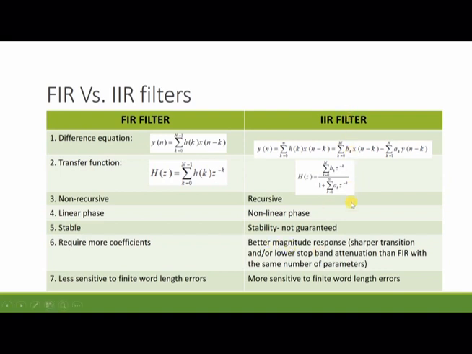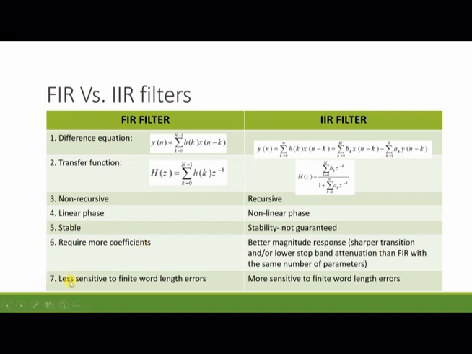In case of IIR filter, some of the advantages are it has a better magnitude response and a sharper transition band as compared to FIR filters. An FIR filter will fulfill this requirement of better magnitude response and a sharper transition width with a higher number of filter coefficient values.